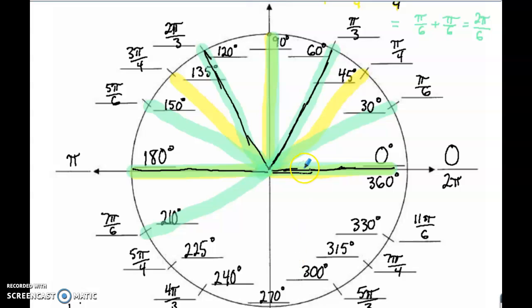So the whole point that I'm trying to get at is there's definitely a pattern between the reference angle, the denominators. See how all of these have a 6, 6, 6, and 6. And there's even a pattern with the numerators. Everything in the first quadrant is just pi over whatever. In the second quadrant, the numerator is exactly 1 less than the denominator. And that should make sense.